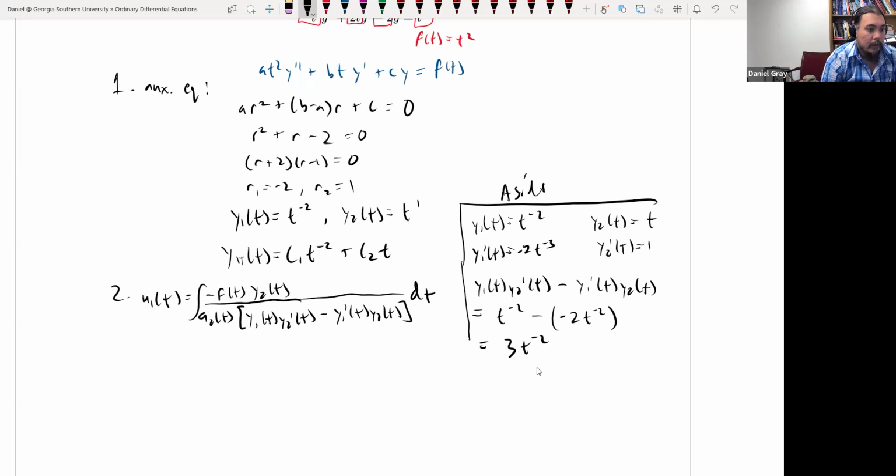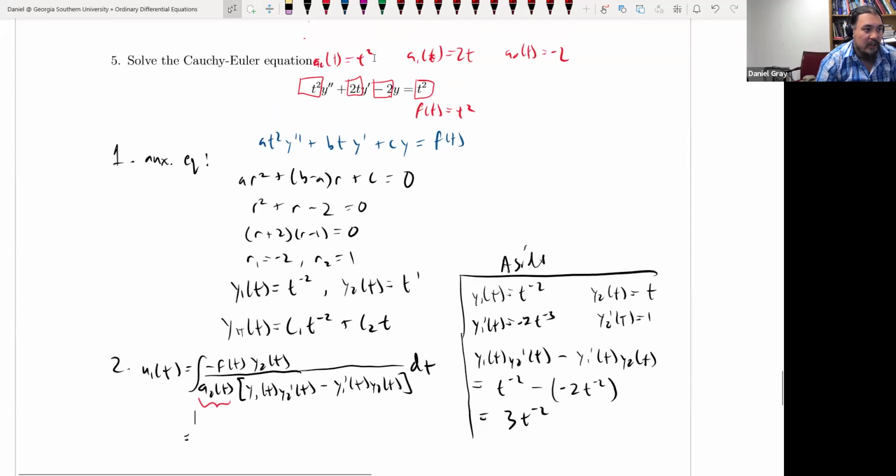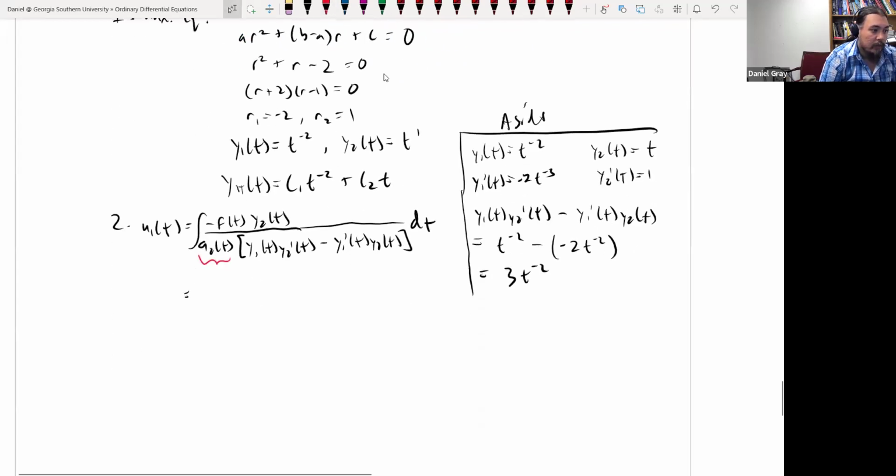Combining these together. Okay. So down here then, I'll make a little note here that my a2 of t, remember we said that that was equal to the coefficient on y double prime, which is t squared. So this is now a t squared here. And then what's underneath the bracket over here that I just computed was 3t to the negative second. Keep that in mind as I plug these in.